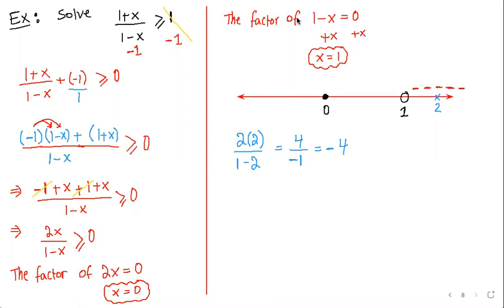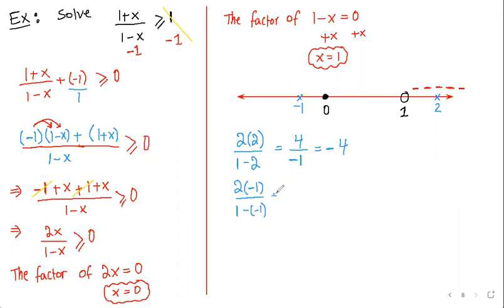Now pick any number less than 0. Negative 1. Plug it into the fraction here. I get 2 times negative 1 over 1 minus negative 1.